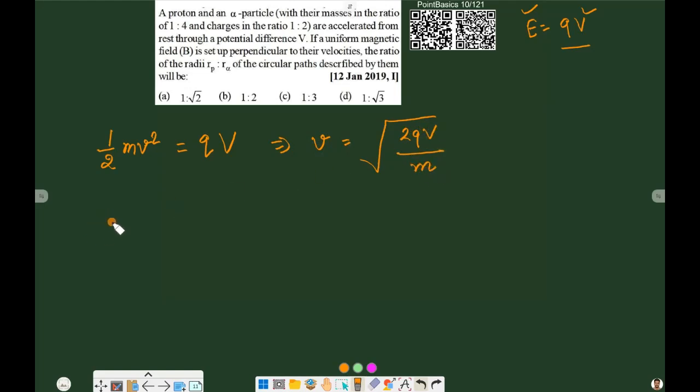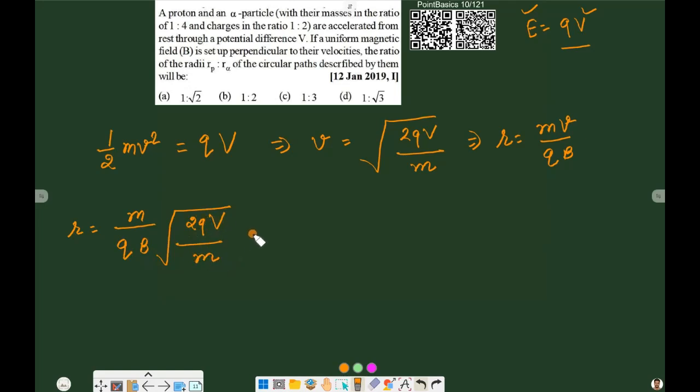Now we can put this value in the formula for radius. Radius is mv, where this v is small v, velocity, divided by qB. So r comes out to be m by qB times under root 2qV, where V is potential, divided by m, and we can further solve it.